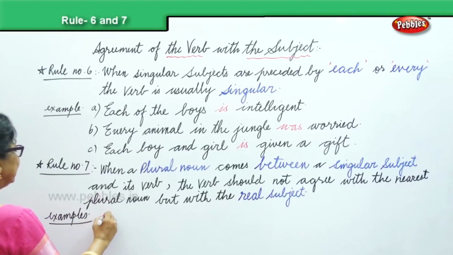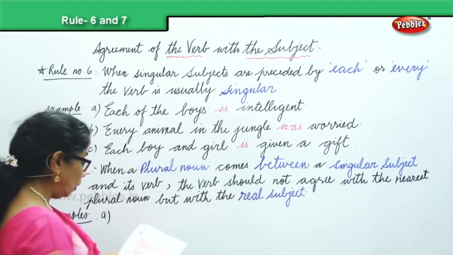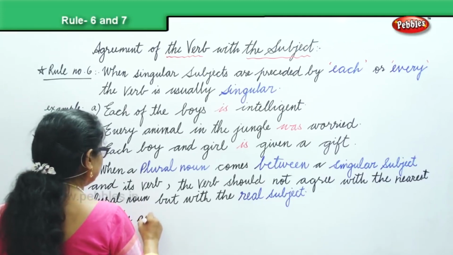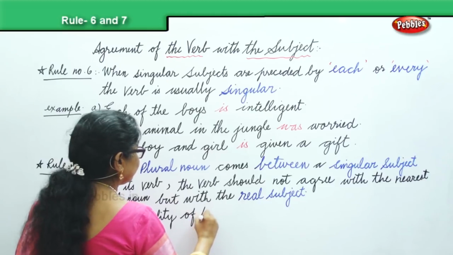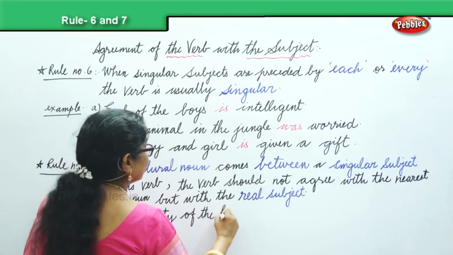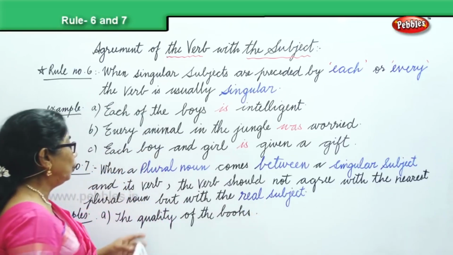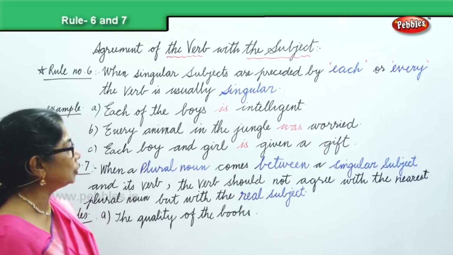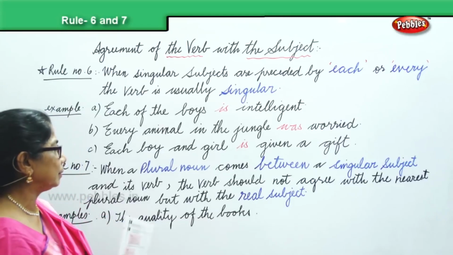A couple of examples for you to understand. The quality of the books. The plural noun, books, comes between a singular subject.